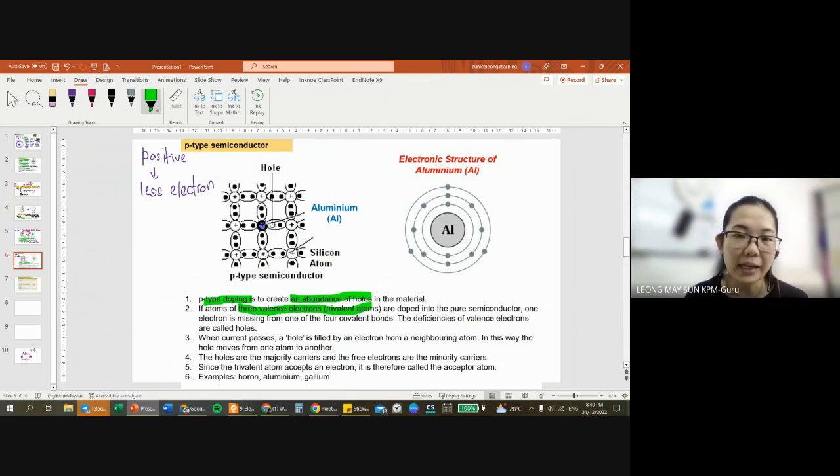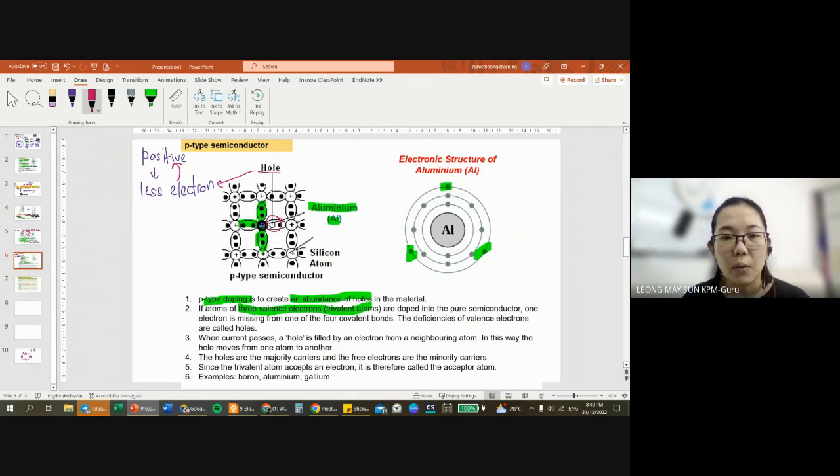But when we add, for example, aluminium, which only has 3 electrons at the outermost orbit, it can only form 3 covalent bonds, 1, 2, 3. So what happens is that the fourth position is empty. When it's empty, that's a hole. A hole means there are not enough electrons, so it's considered a positive type of semiconductor.